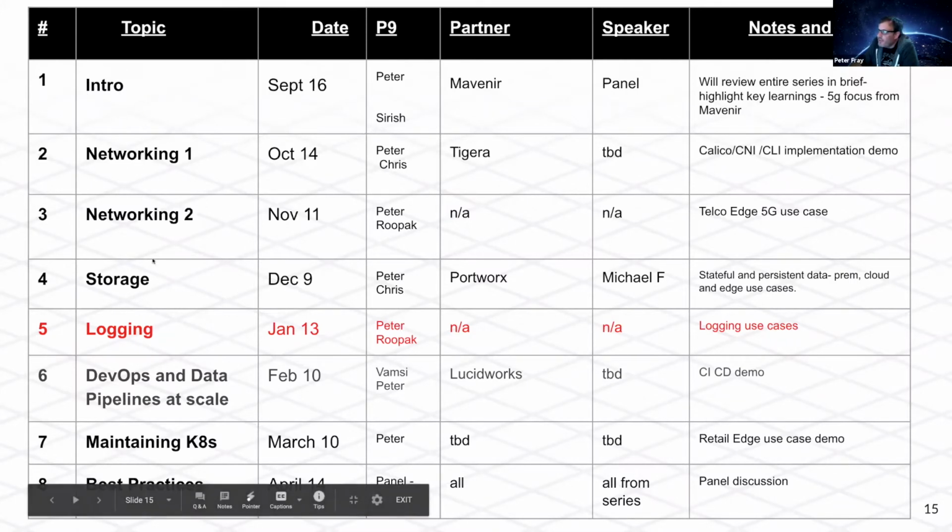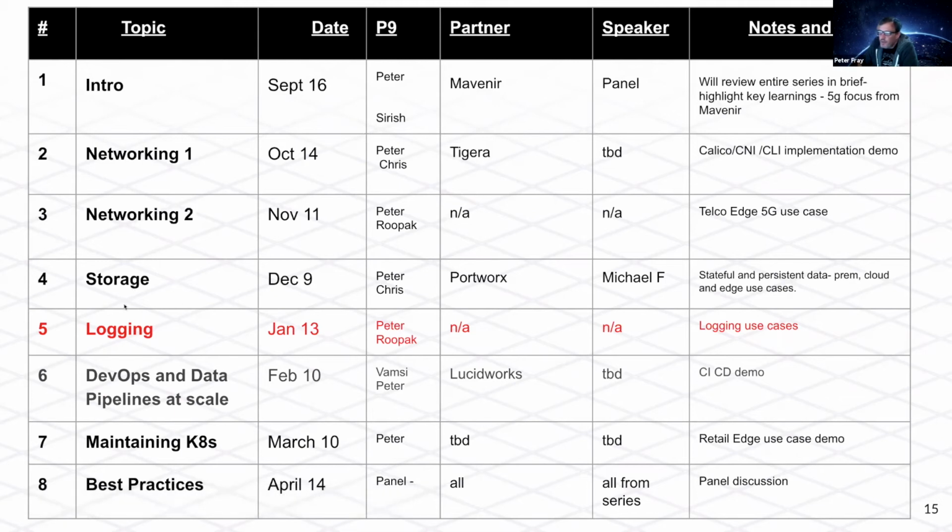We had a couple of different networking ones. We talked about storage. This is our logging one, where we're going to dig deep into what's happening with logging and what's happening in the industry around logging. And then we'll have 3 more after this: pipelining, deployments in production environments, maintaining Kubernetes, and best practices.